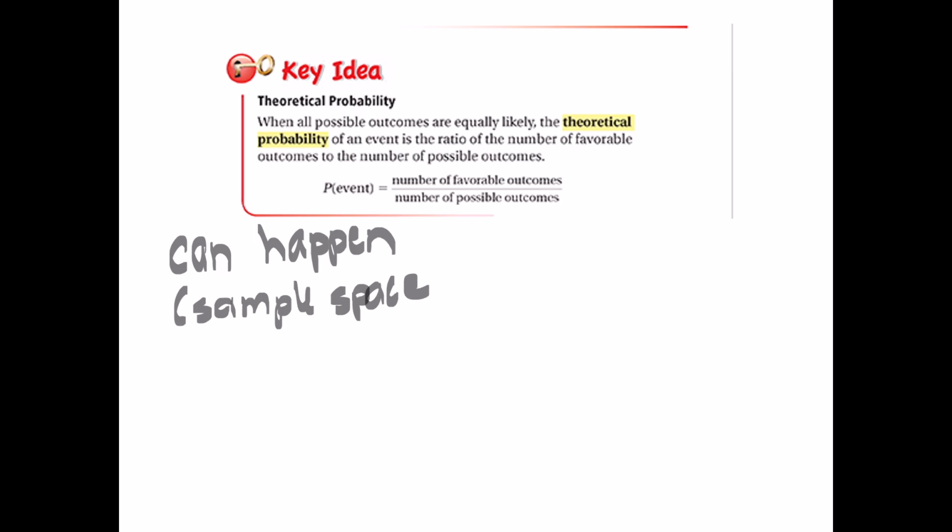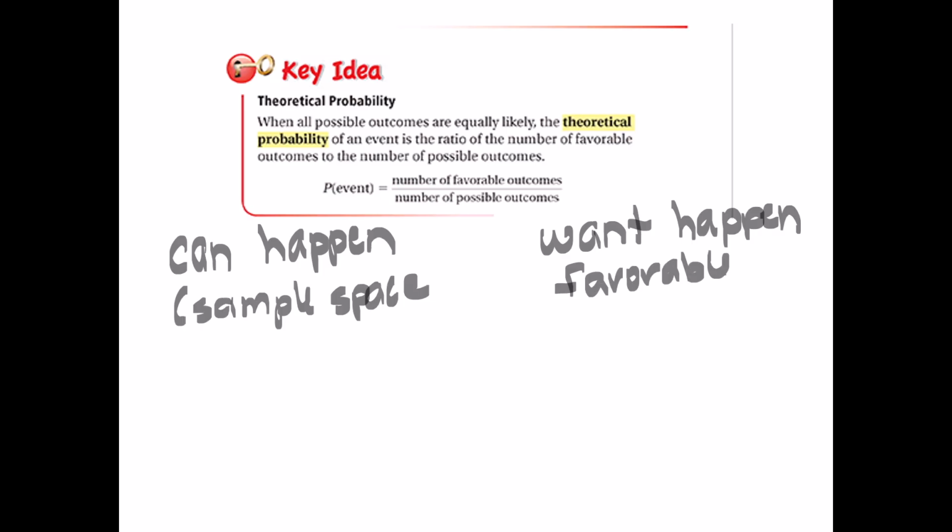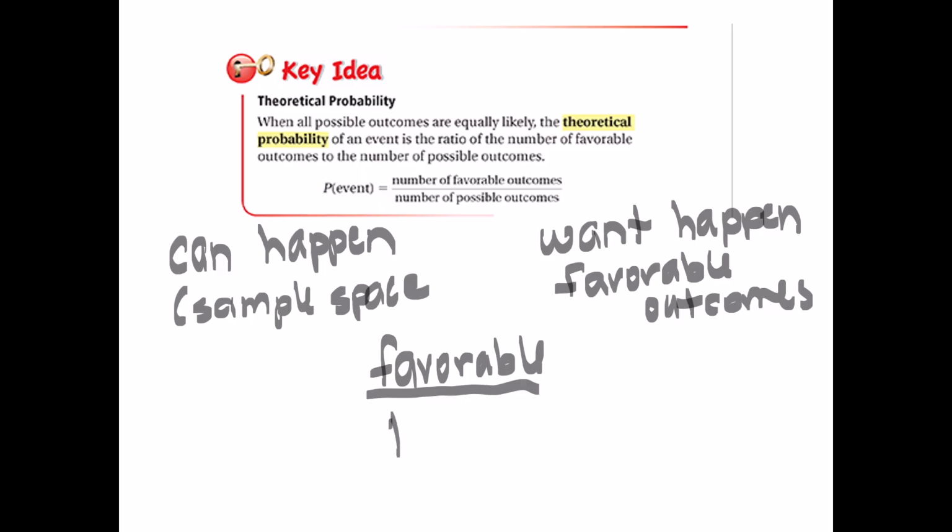And we're going to be comparing that to what we want to happen. And that is often referred to as our favorable outcomes. So basically, to find the expected probability, theoretical is our expected, we're comparing our favorable outcomes to what is actually possible.